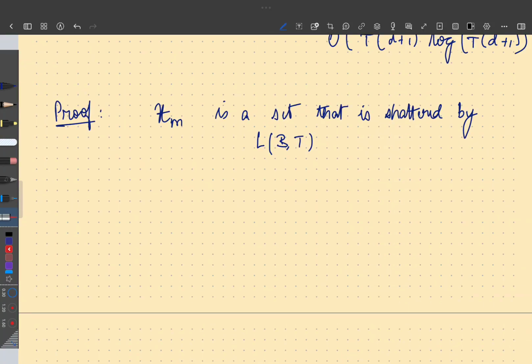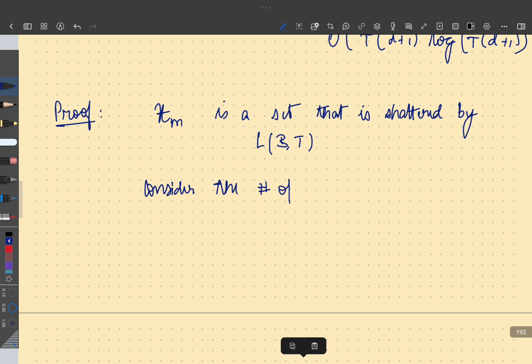So if I take one particular base classifier, let's consider how many different labelings can we get?